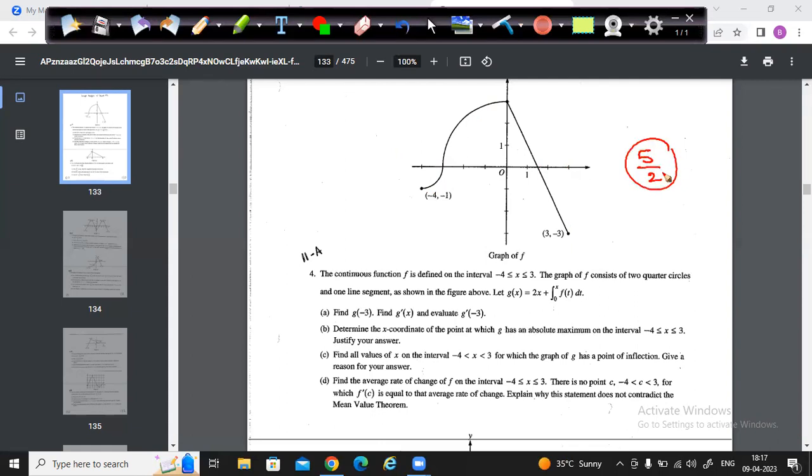Correct, right? First, what I need to do is find the critical points. The critical point is where g dash of x is 0. So g dash of x is 0 means 2 plus f of x is 0, f of x is minus 2, so x is equal to 5 by 2.